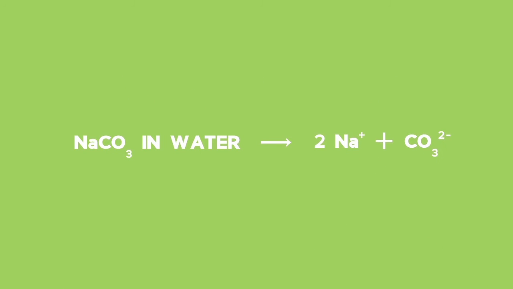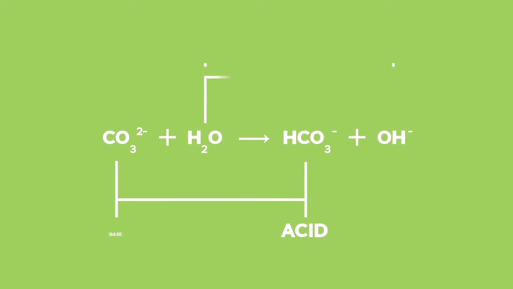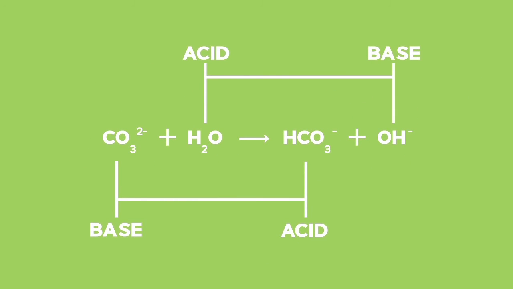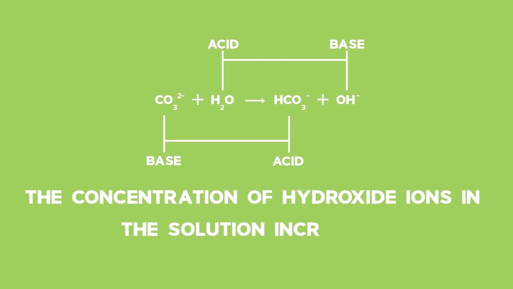The carbonate ion is a relatively strong Bronsted-Lowry base. It is able to attract and bind with a proton, and it does this by pulling an H+ ion off water molecules, leaving the hydroxide ion. The concentration of hydroxide ions in solution increases.